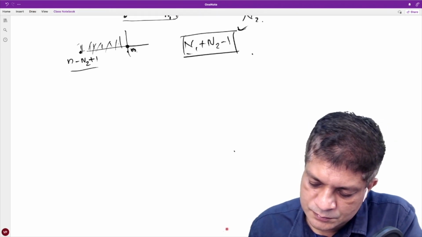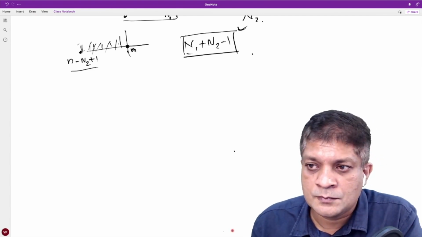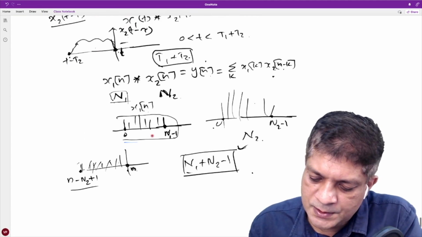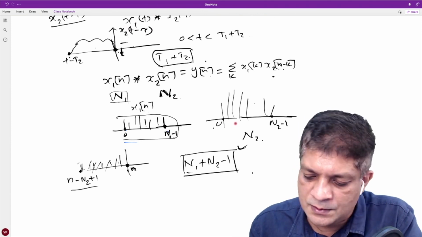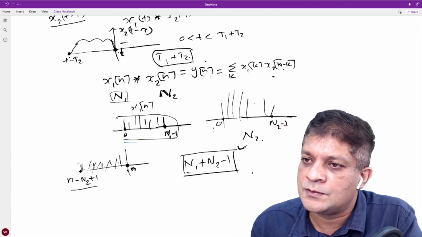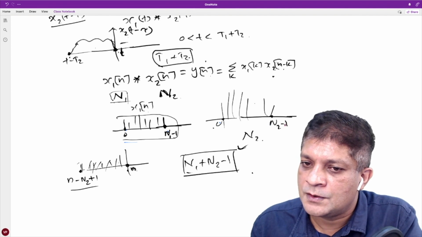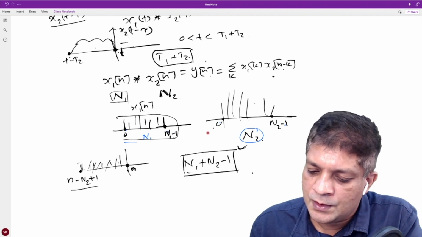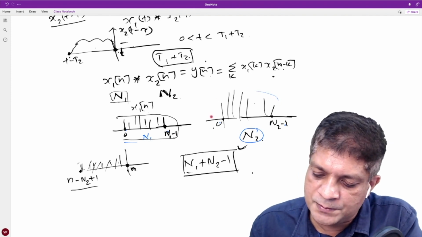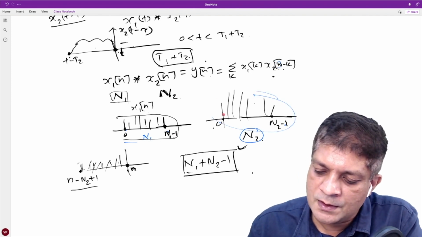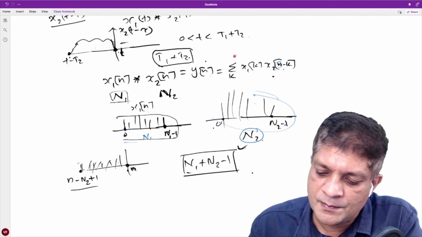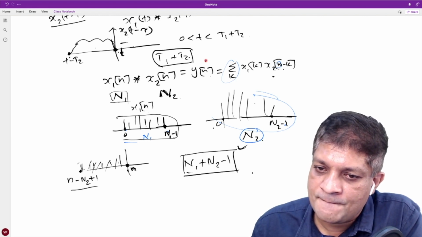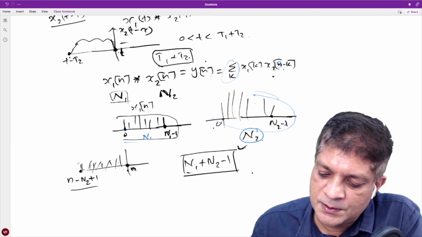Could you explain the discrete time interval again? The first signal is from 0 to n1 minus 1, the second from 0 to n2 minus 1, having duration n1 and n2. Now the convolution operation means you have to flip this signal, delay by n, multiply those two, and find the sum. When you flip this signal, this point is at 0.